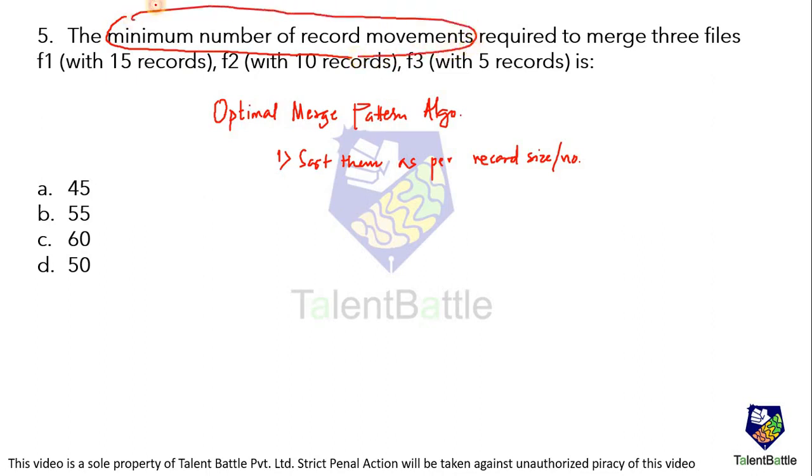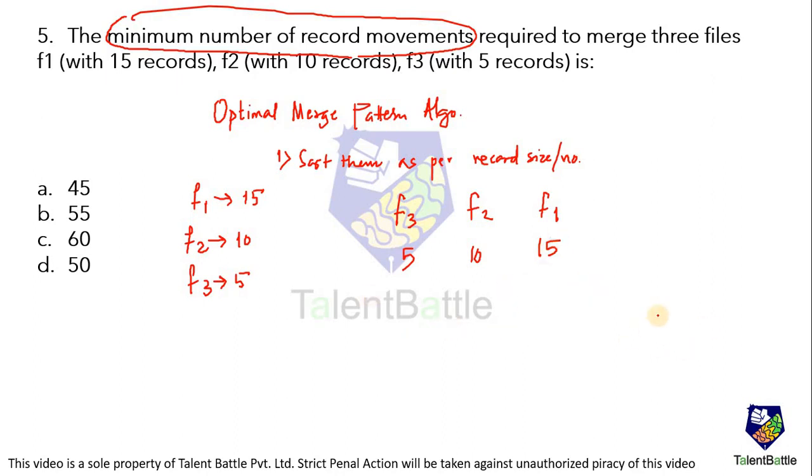The question is about figuring out the minimum number of record movements. This is the main part. So first I sort. I originally have 3 files, F1 having 15 records, F2 having 10 records, F3 having 5 records. If I sort ascendingly, I get F3 first, then F2, and then F1, having 5, 10, and 15 records respectively.